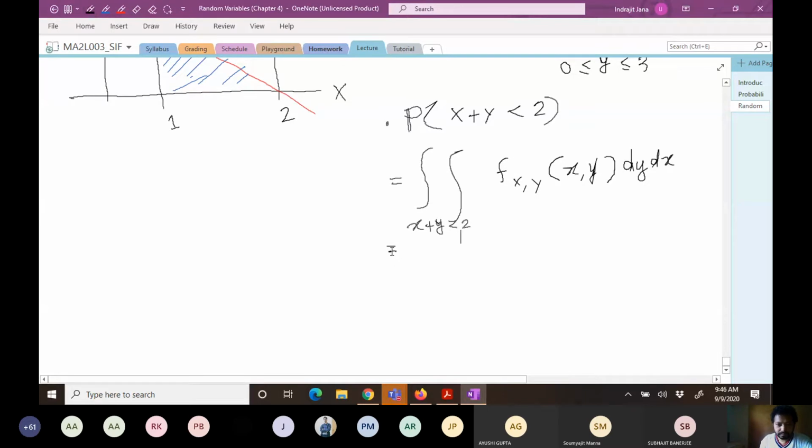This is equal to the integration of f_XY(x, y), which is 1/3, and then dy dx.